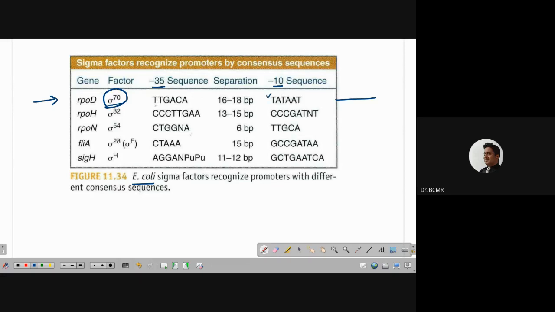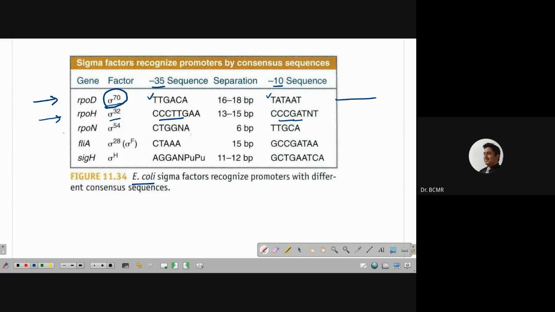At -10 it is TATAAT, and at -35 it is TTGACA. But then again you have the RPOH gene which produces sigma 32, that is during heat shock. So those genes that produce proteins important for withstanding heat shock will have these sequences. At -10 it has something like this, and at -35 it has something like this.